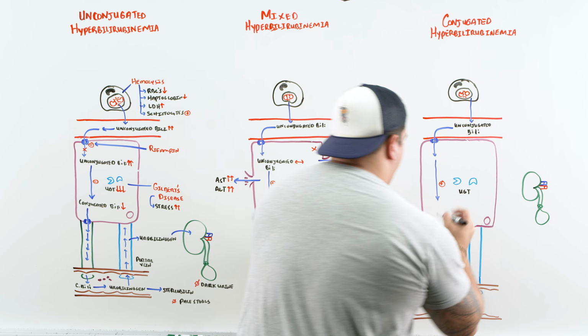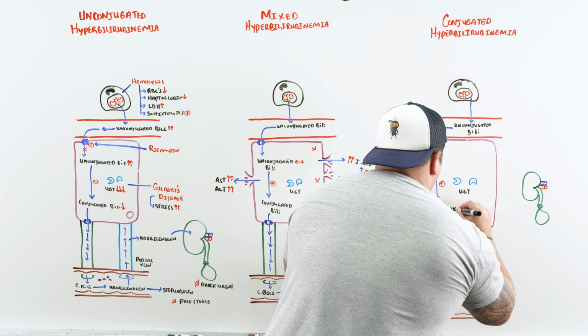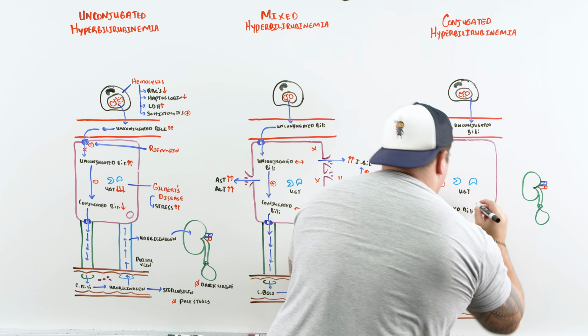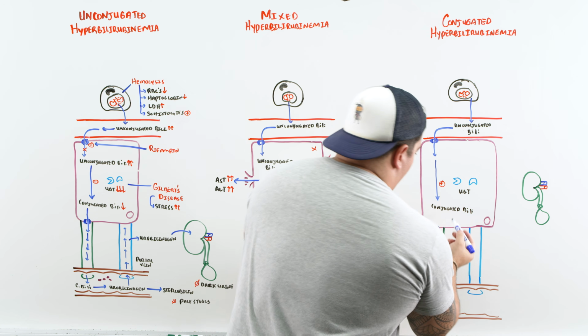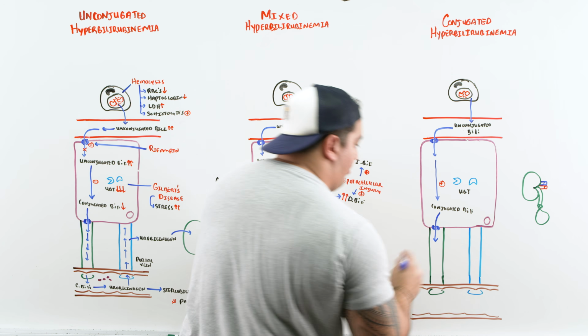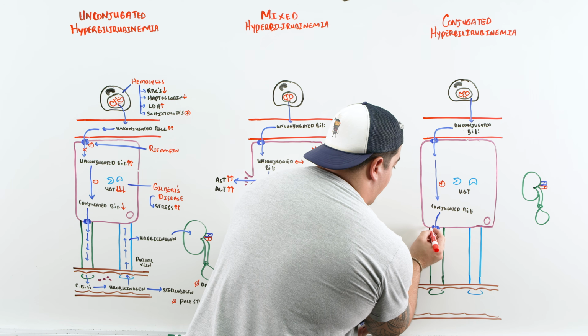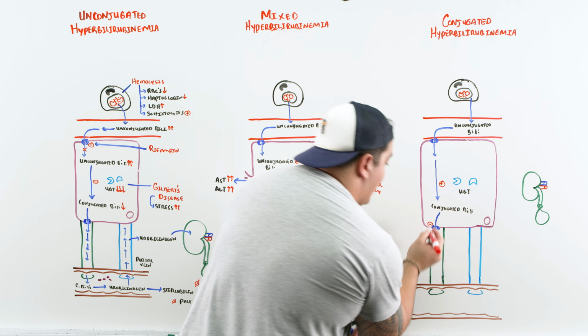So you're going to have this occurring, and this occurring. You're still going to make conjugated bili. But here's the difference, my friends. The conjugated bili is made, but maybe there's a problem with being able to excrete it. There's transport dysfunction. So this part right here is inhibited.